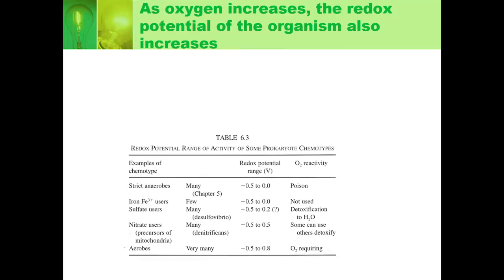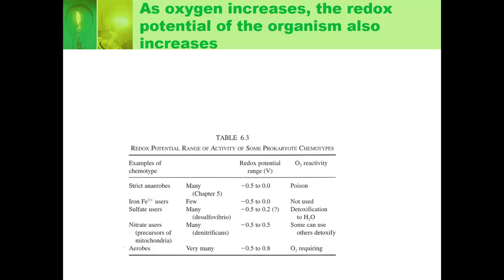Another interesting thing, and this is something I would like more confirmation on, this is why it didn't get into the book. If you measure the redox potential range inside organisms, you'll see an interesting thing: strict anaerobes have a negative redox potential range. And aerobes that use oxygen or require oxygen have a range up to 0.8.